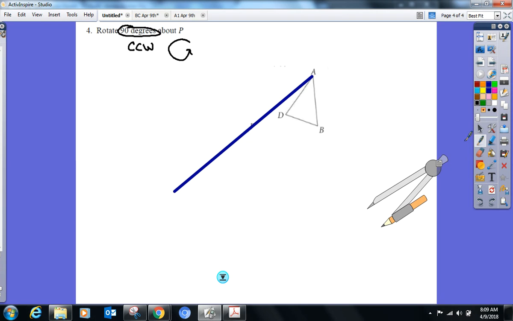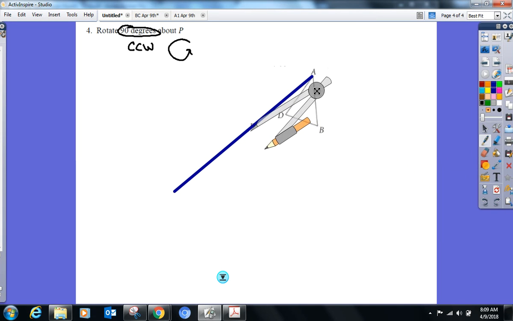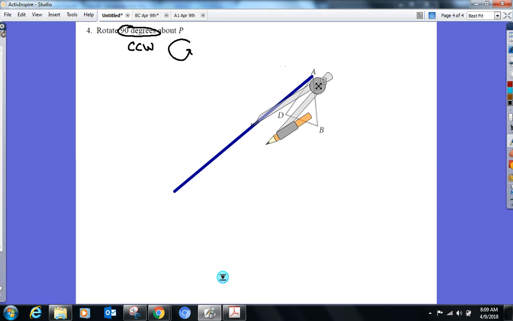And again, this is one way I'm going to show it. I believe when we went over this in class, I let you guys do this in groups, and there was another way some people found as well. I put my compass point on P, where I'm trying to draw that perpendicular line through, and I make an arc that intersects once, twice.